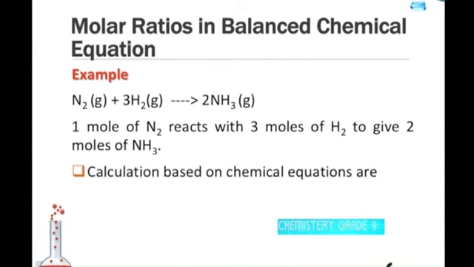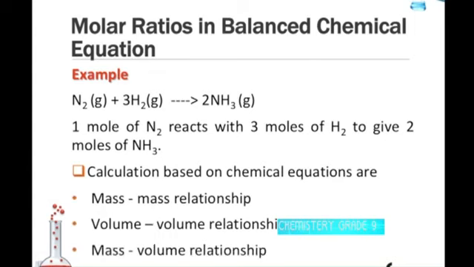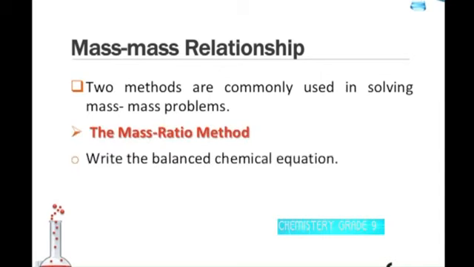So based on the chemical equations, we can calculate the mass-mass relationship, the volume-volume relationship, and the mass-volume relationship. 2 methods are commonly used in solving mass-mass problems. The mass ratio method: to do this, we write the balanced chemical equation.